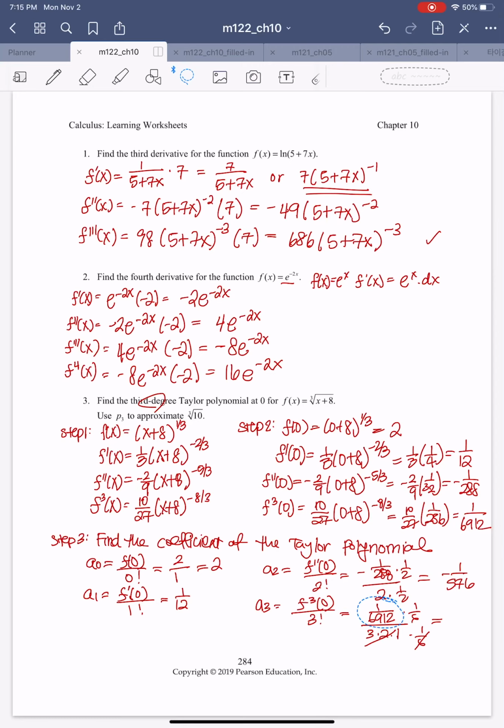So if I multiply that out, my final answer is going to be, let's use a calculator. 256.